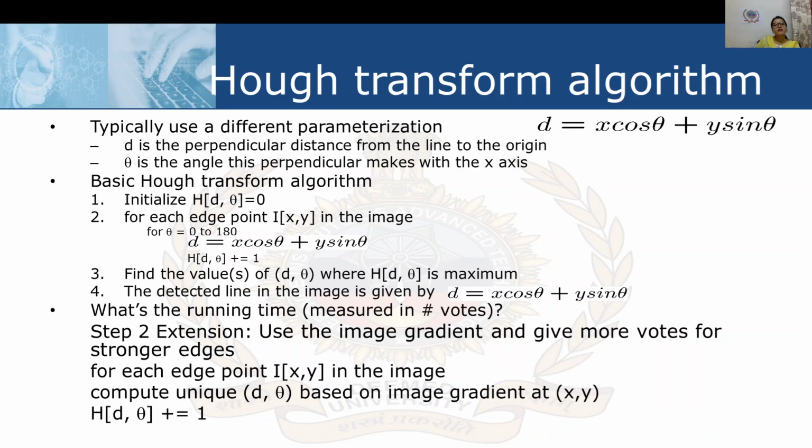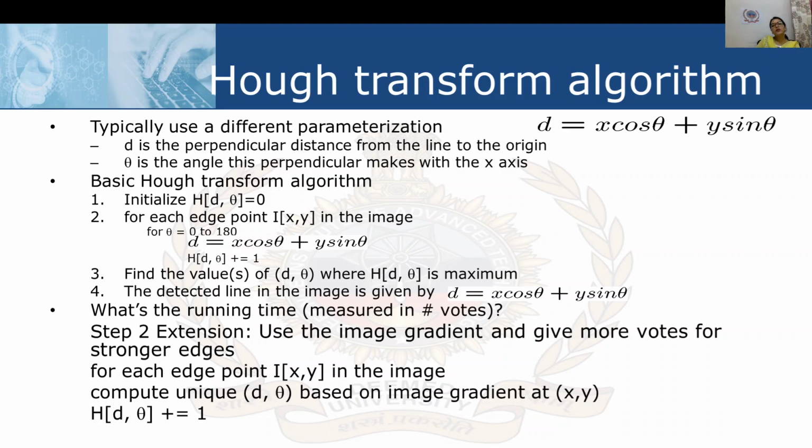Fine. So find the value where the accumulator is maximum, and the line will be at that particular location in the image.